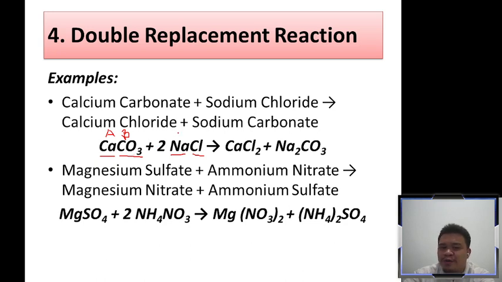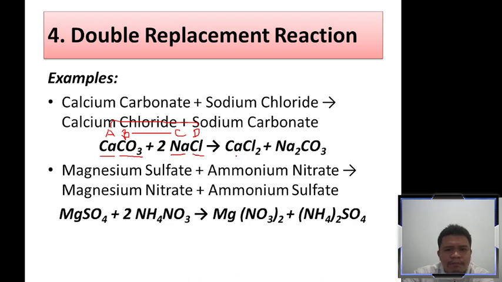So we will call this C and this D. When an exchange of ions happens, A pairs with D and B pairs with C. So in our final product here, Ca pairs with Cl, so it becomes CaCl2.